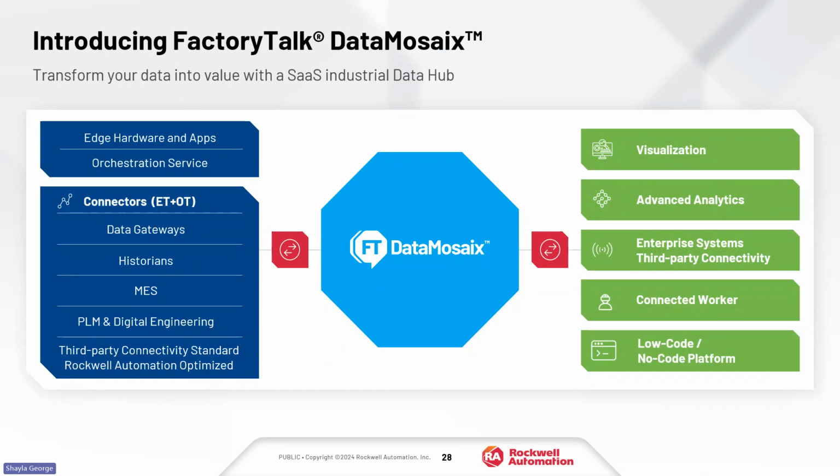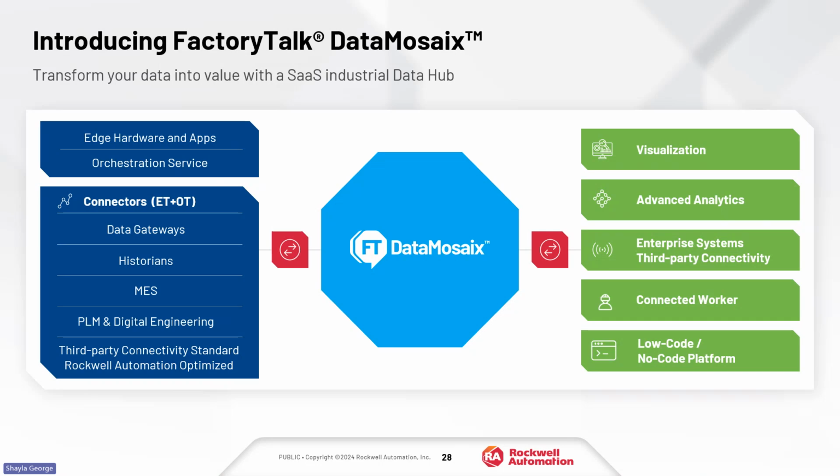And then lastly, we have FactoryTalk Data Mosaics. FactoryTalk Data Mosaics is our new software offering for industrial DataOps and data hub. It connects various IT, OT, and ET data, whether that is from historians, edge apps, or your controllers.